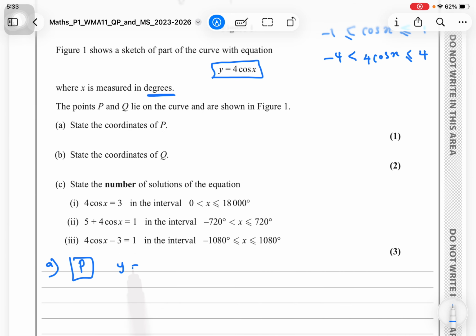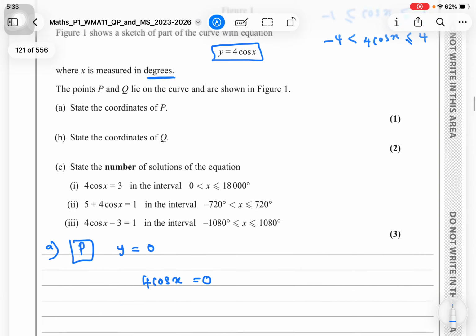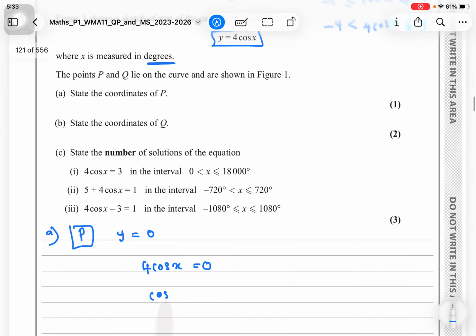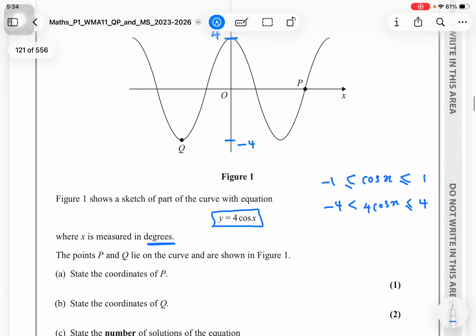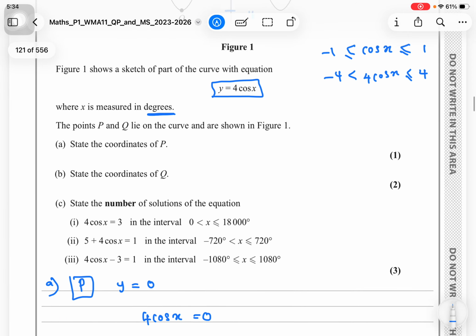y equals 0, which means 4 cos x is 0. So in that way, cos x is 0. And we know here the x value is positive, because it's in the positive quadrant.